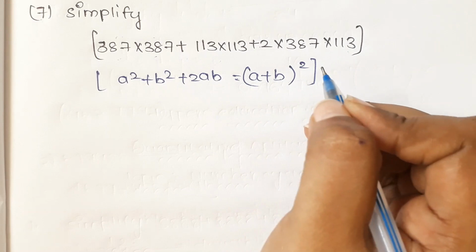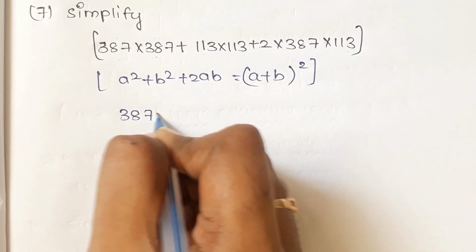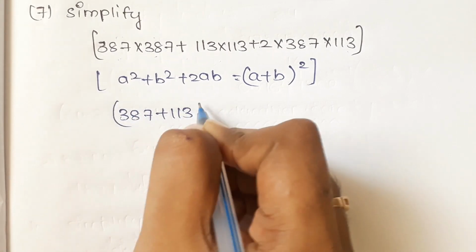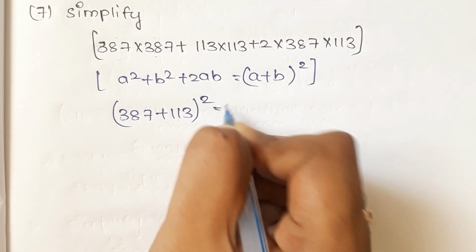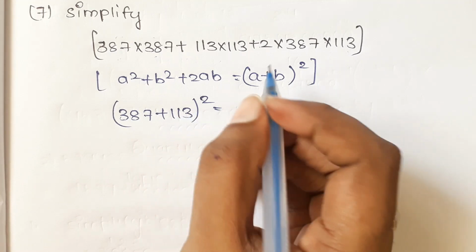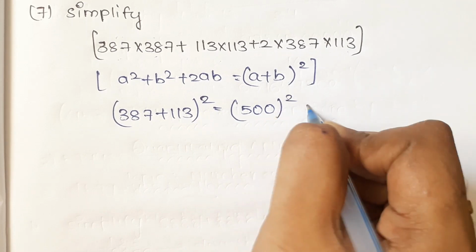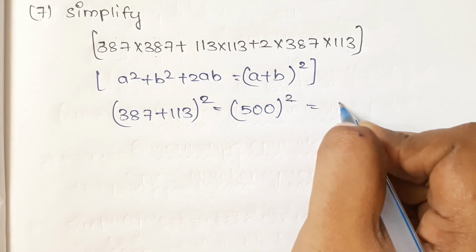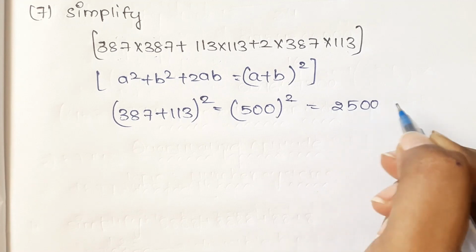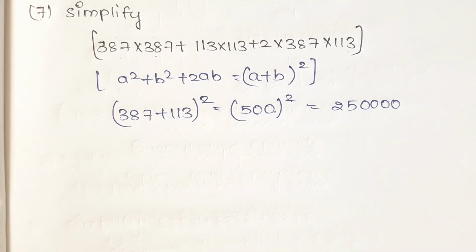This is the formula, and now it can be written as 387 plus 113 whole square. Here 387 plus 113 is nothing but 500, and 500 whole square equals to 5 square is nothing but 25, and here we have 2 zeros, we should keep here 4 zeros, that is 2,50,000, and this is the another model.